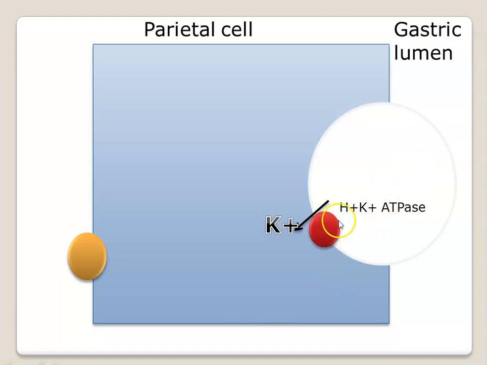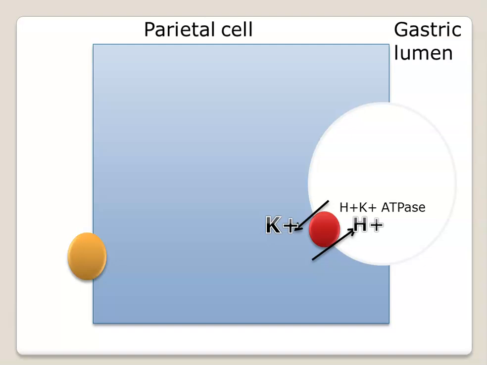This proton pump, in exchange of potassium, releases the hydrogen ion into the gastric lumen.